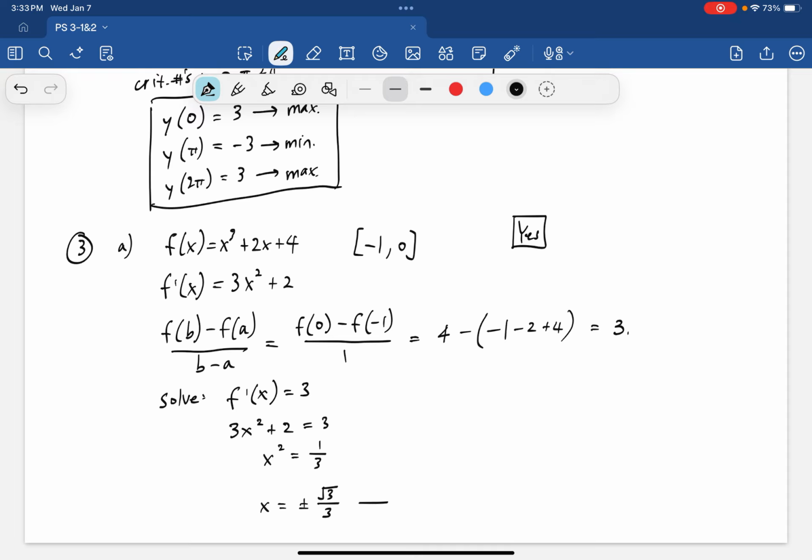And then the final answer is actually only going to be negative root 3 over 3, because positive root 3 over 3 is outside the interval.